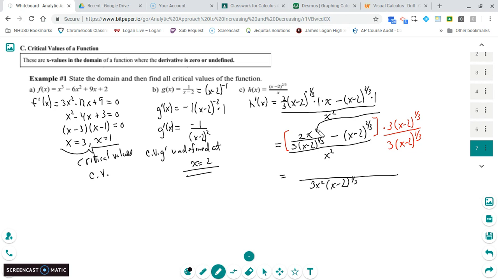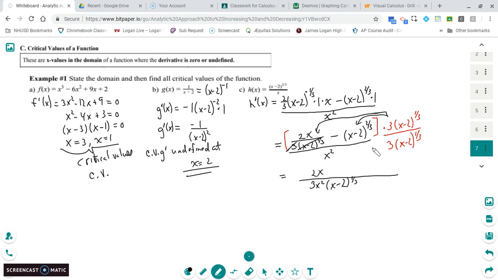So I'm going to multiply the first term times this quantity, and then I have to multiply the second term. All right, so if I multiply 3 times this, this times the first term, notice the denominators will just cancel. So this 3 will cancel, the denominator will cancel with both of these, leaving me just 2x.